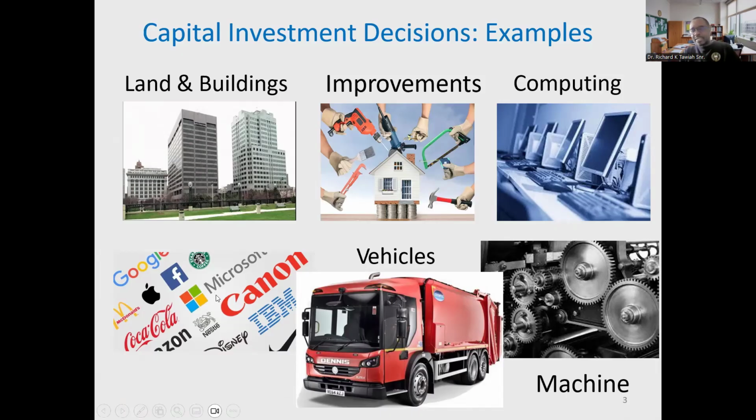Even the branding, like I said, so you could see Apple, McDonald's, the branding, setting up a franchise is significant. Procuring vehicles, plants and machinery, fixtures, expanding your business into other territories, launching a new product, these are all part of capital investment decisions.